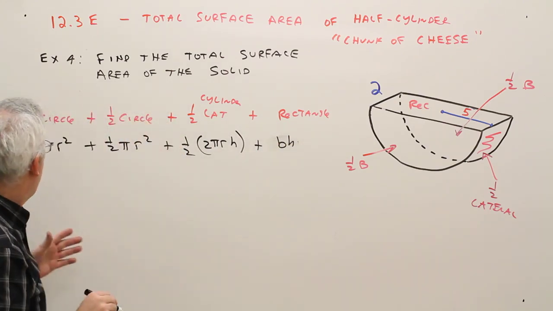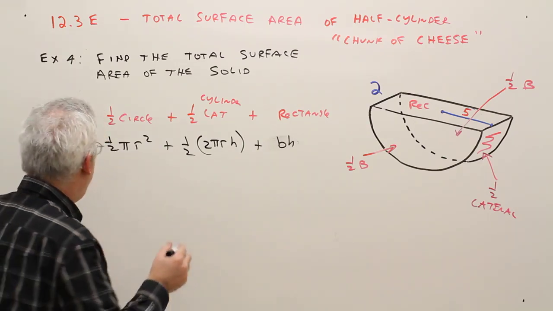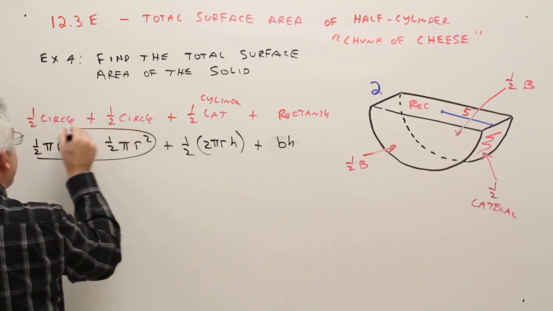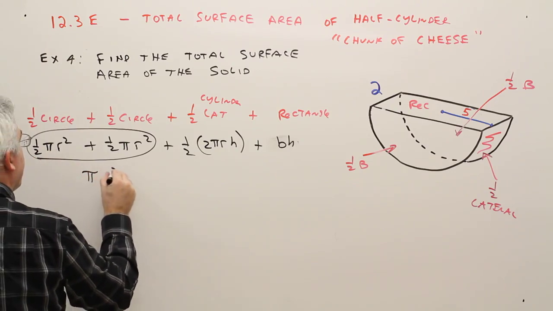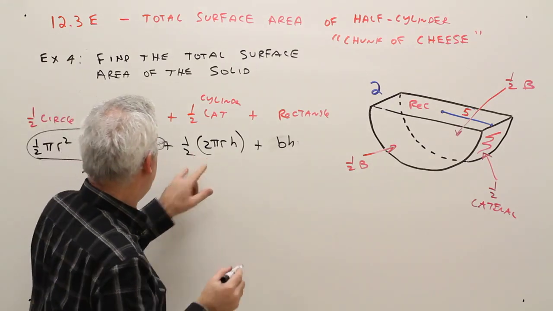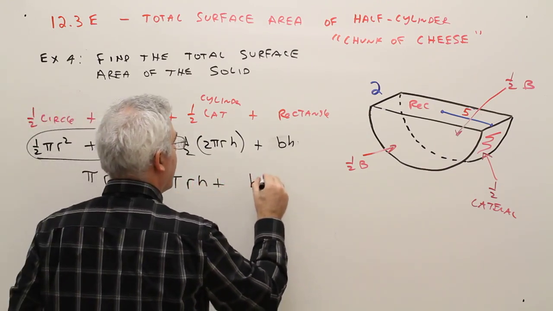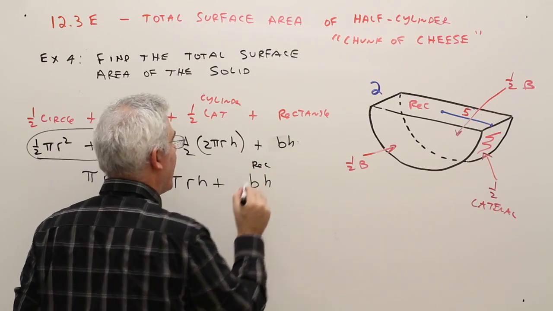So a 1/2 pi r squared plus a 1/2 pi r squared is just pi r squared. A half times 2 pi r h is just going to be pi r h, plus the base and the height of the rectangle.